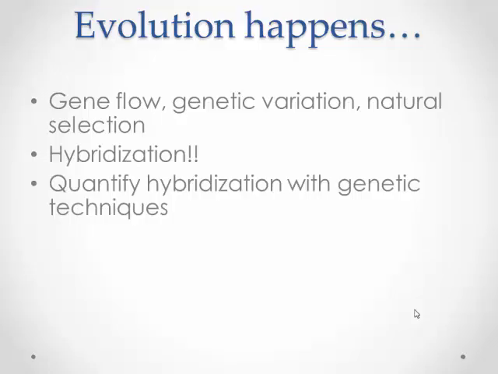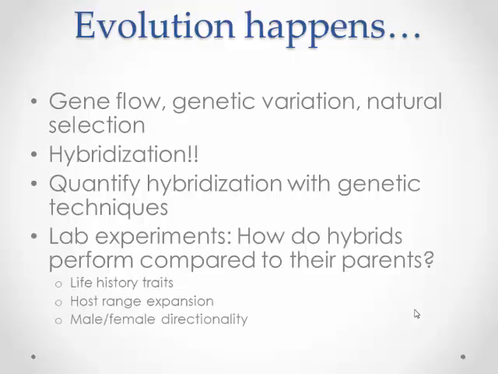So Amanda is going to give a whole second part of the presentation where she's going to discuss how we can quantify the hybridization using really advanced genetic techniques. But I'm going to be talking about lab experiments that I am doing right now at Colorado State University. And our main question is, with this particular system, how do hybrids perform compared to their parents?